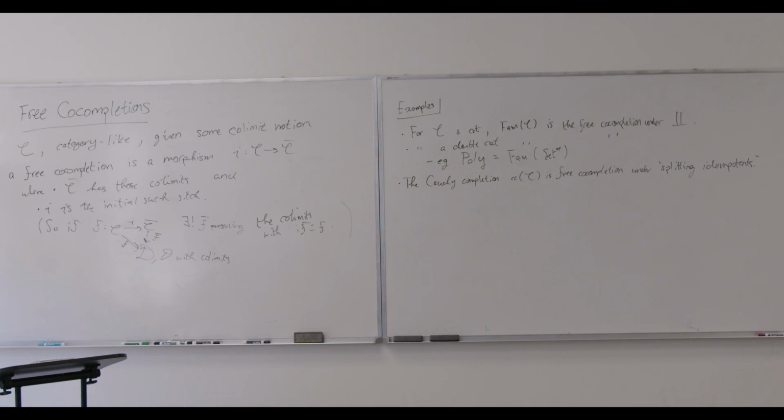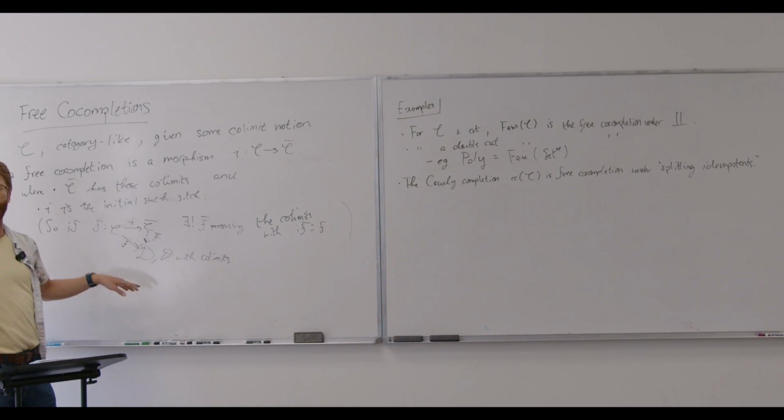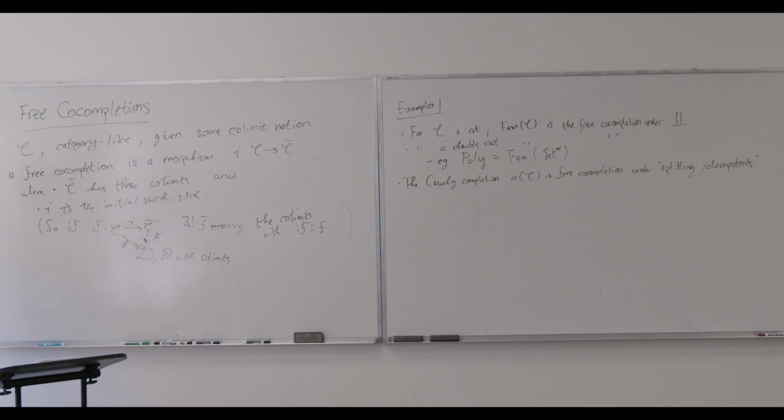That's a fun example because it's a free cocompletion that's also the only possible cocompletion. There's something special about splitting idempotents that there's really only one way to do it, whereas usually there could be many different D's here that just add some kind of coproducts or something to C.